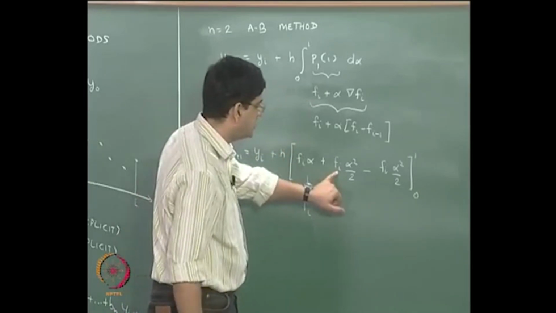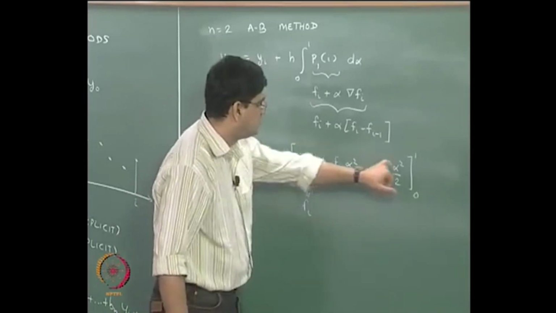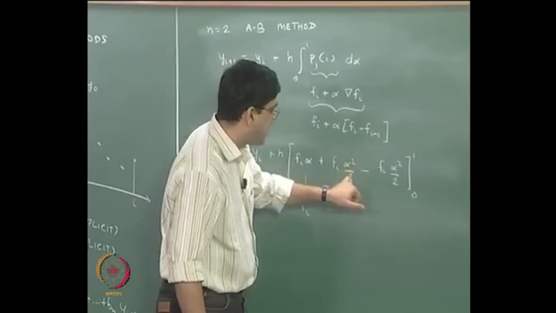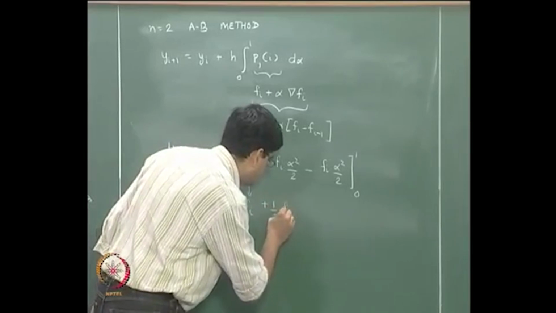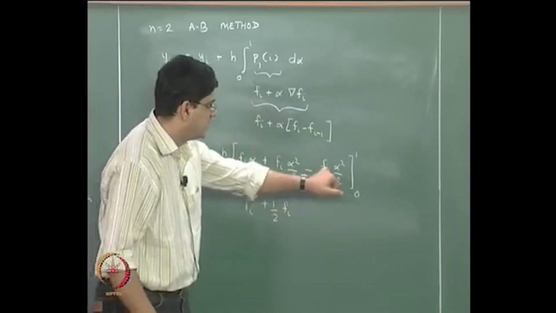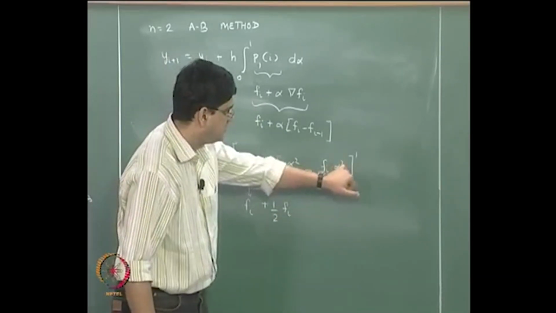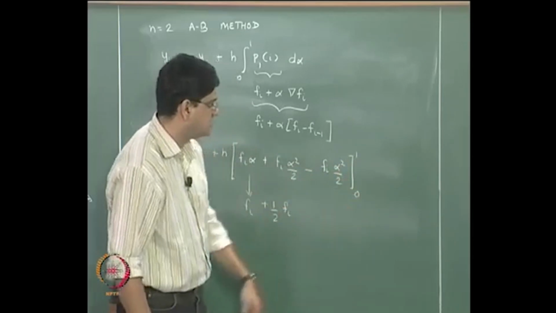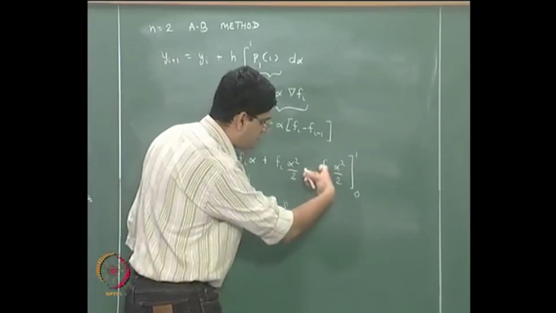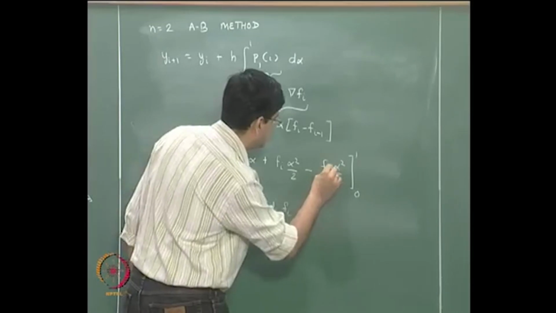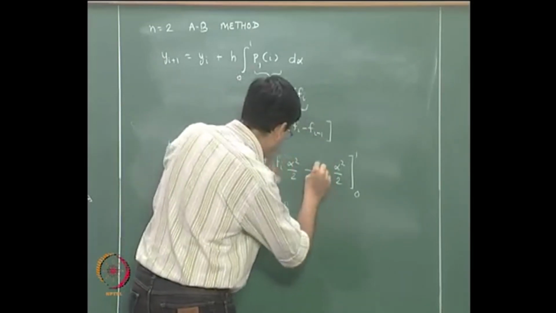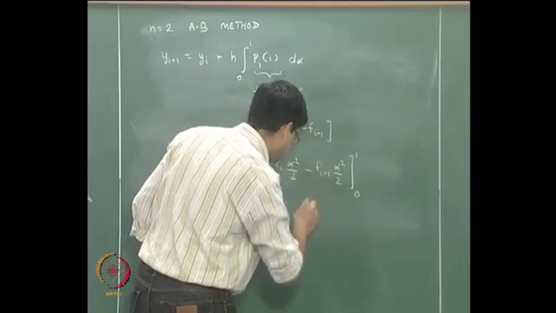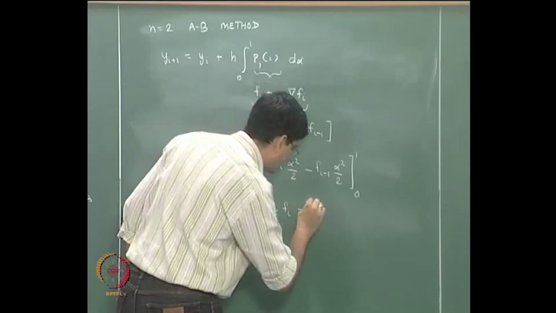This is going to be nothing but fi multiplied by half minus 0, that is going to be plus half fi, and this is going to be fi minus 1 multiplied by 1 by 2 minus 0, that is half times fi minus 1, and that is a negative sign over here.